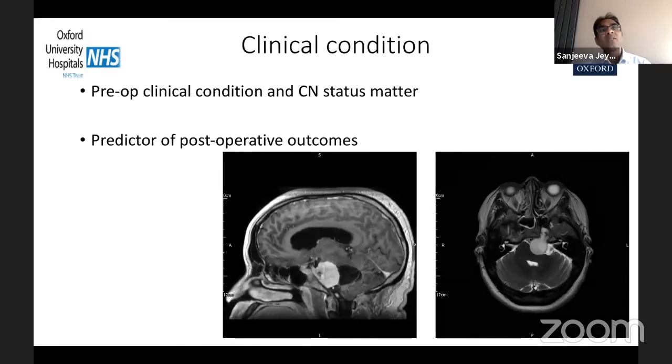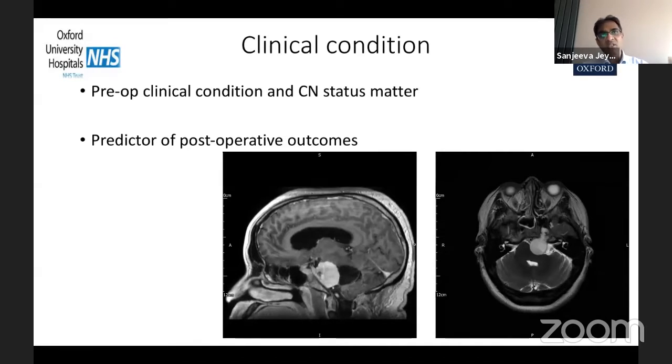Then when it comes to counseling the patients, it's important to look and see what their preoperative clinical condition is. And I think this is where these tumors are different to a lot of other skull-base tumors. So with a lot of skull-base tumors, say if you take planum meningiomas or anterior fossa tumors, although we say to patients it's really about stopping them getting worse, actually you expect them to get better.